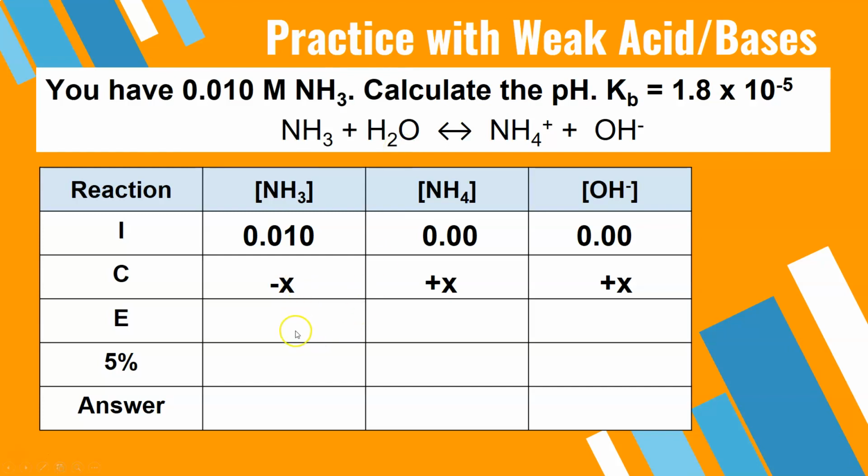Equilibrium will be initial minus the change. Over here, we have x and x. 5% rule. Is this 1,000 times smaller than this? Ignore the minus portion.